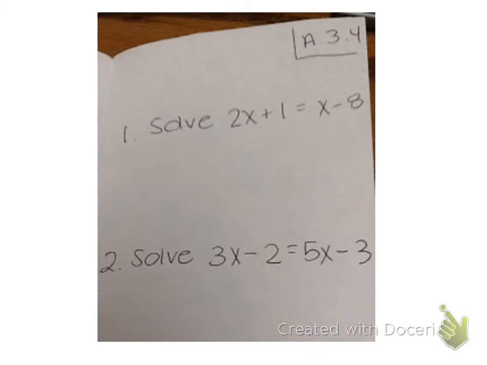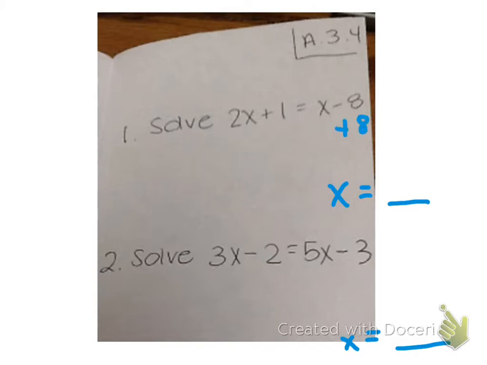Okay, now we have two-step equations that equal other two-step equations. So we need all the variables on one side and all the numbers on the other. Okay, so my first step, I'm going to get all the numbers on one side.